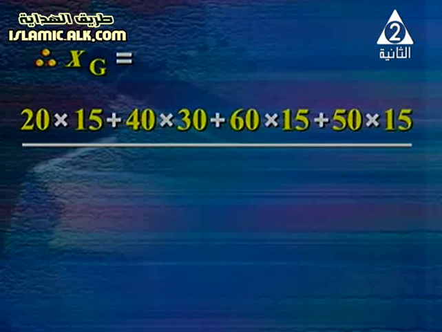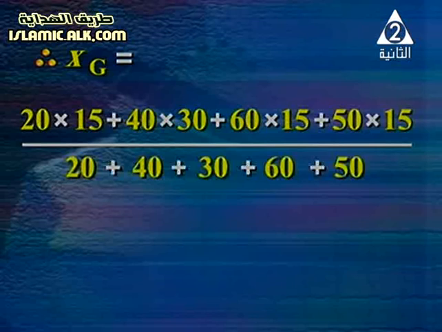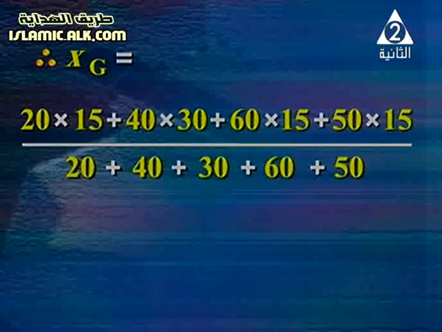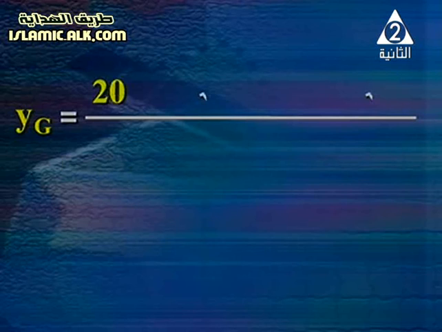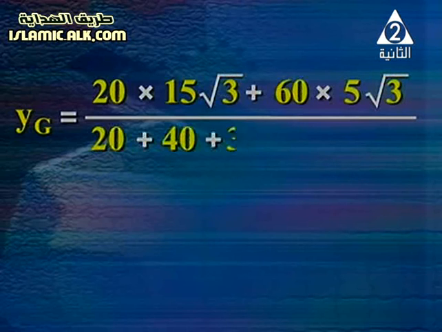Then by using the rule, we find xg by using 20 times 15 plus 40 times 30 plus 60 times 15 plus 50 times 15, over the sum of the masses, 20 plus 40 plus 30 plus 60 plus 50. The answer is 15 and 3/4. After that, we find yg by the same method.